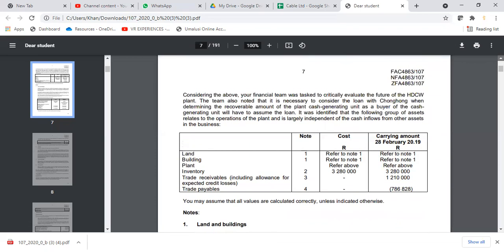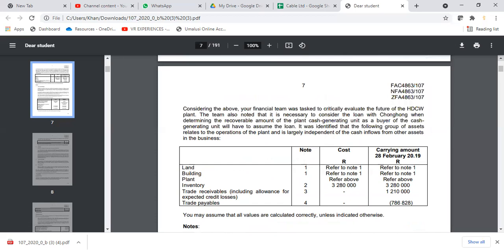And how do we know that this is the cash generating unit of the plant? It was identified that the following group of assets relates to the operation of the plant and is largely independent of the cash inflows from other assets in the business. So these assets are the assets that form part of the plant's cash generating unit.